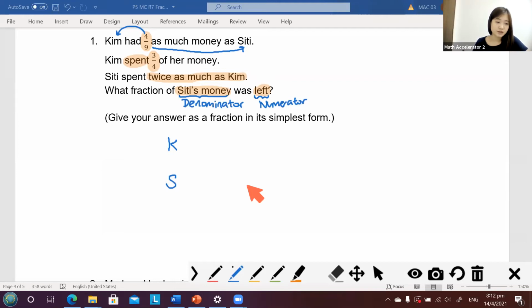Okay, correct. So 4 for Kim, because of the fraction here. 4 units is for Kim and 9 for Siti. The fraction is already telling you how many units you should draw. So we're going to draw 4 for Kim. And Siti, we're going to draw 9.